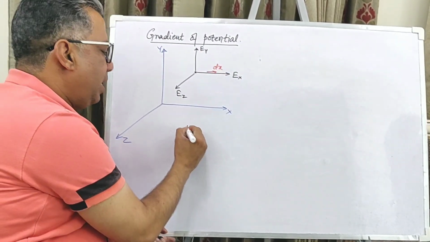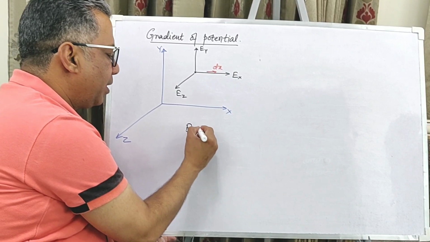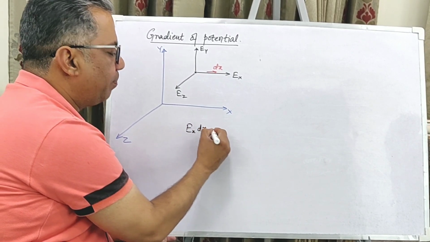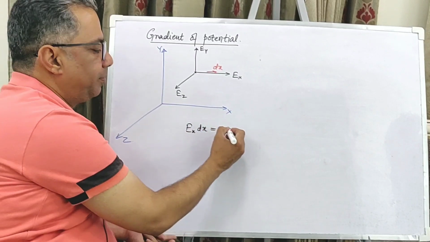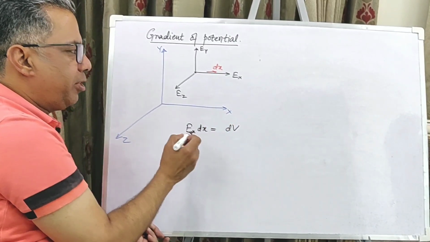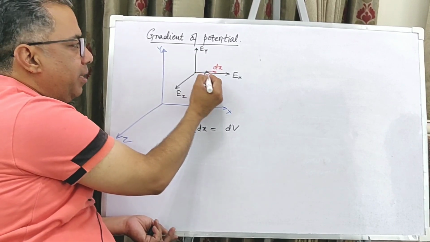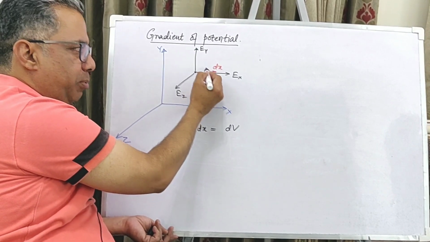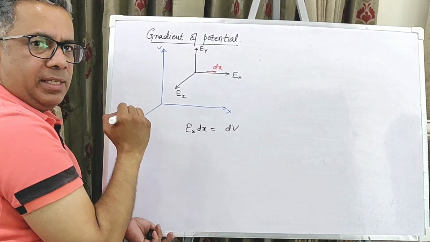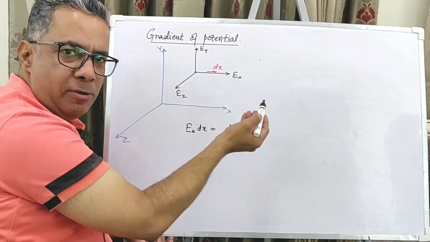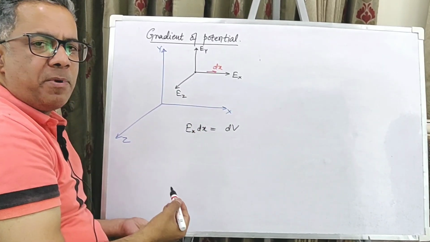Then Ex times dx will give us the change in potential, because when we move along x-axis direction there is no change in potential due to Ey and Ez, because we are moving perpendicular to them. Those components do not perform any work.